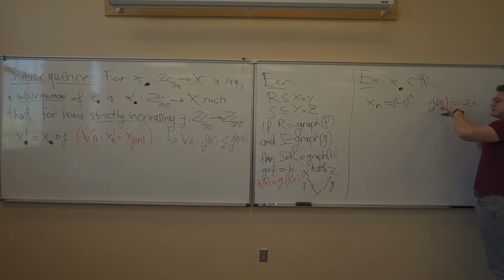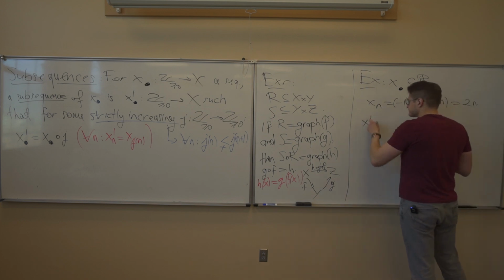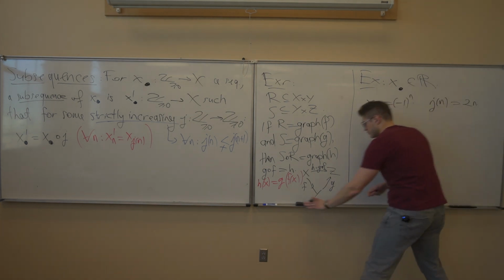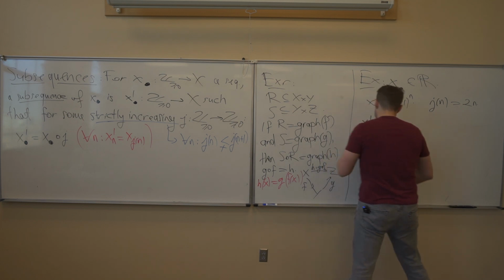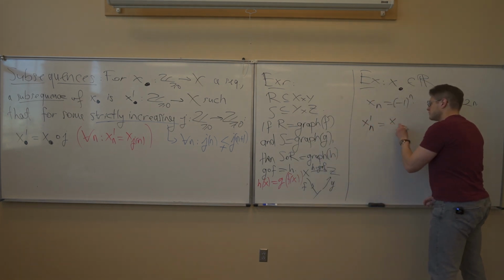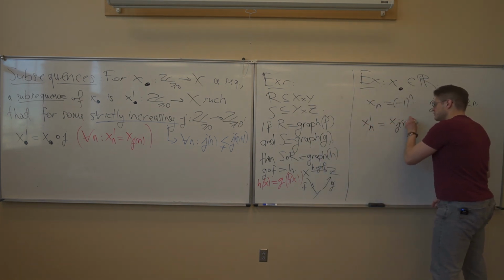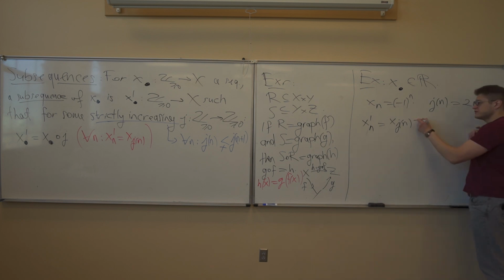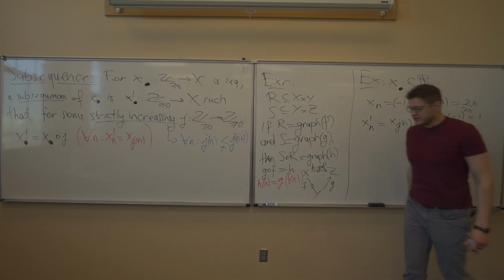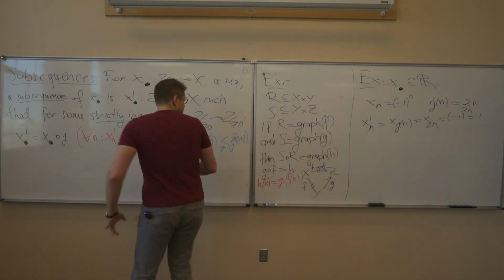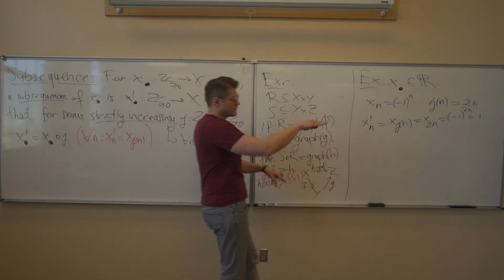So x sub j of n defines a subsequence. Plugging this in, this is x sub 2n, but then of course this is nothing but minus 1 to the 2n, which is just 1. So you see, this is an alternating sequence, whereas this particular subsequence is a constant subsequence.